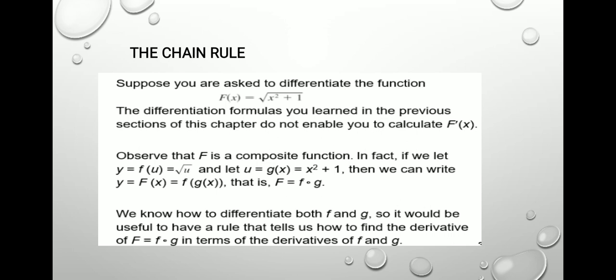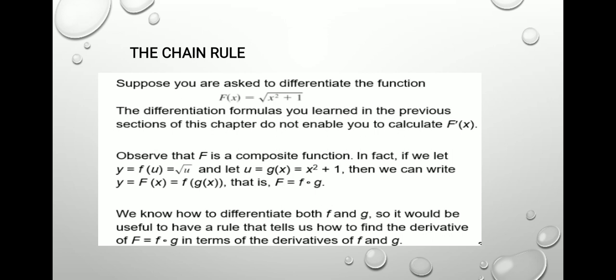Suppose you are asked to differentiate the function f of x is equal to the square root of x squared plus 1. The differentiation formulas you learned in the previous sections of this chapter do not enable you to calculate f prime of x. Observe that f is a composite function.